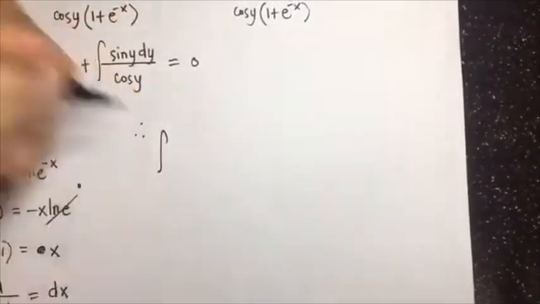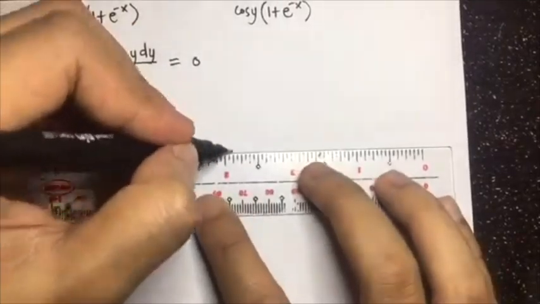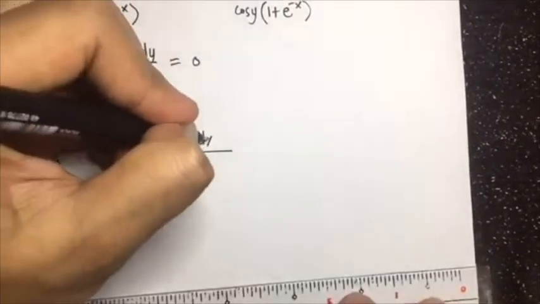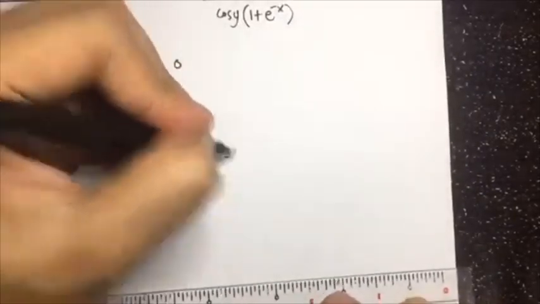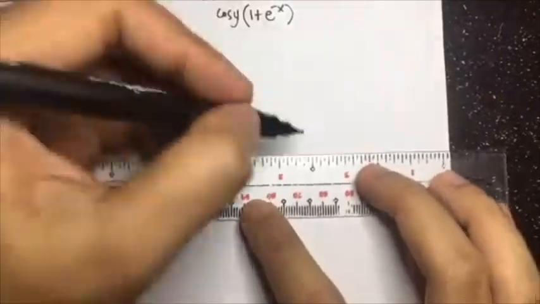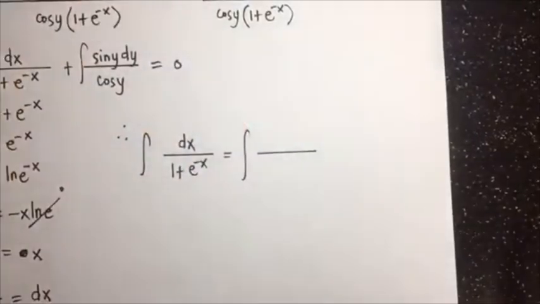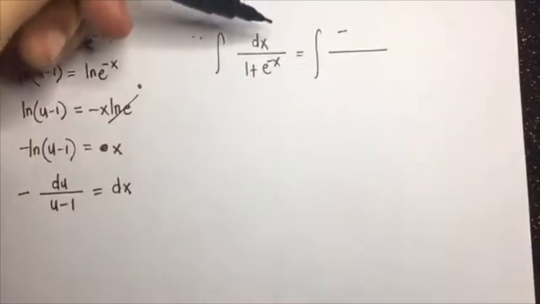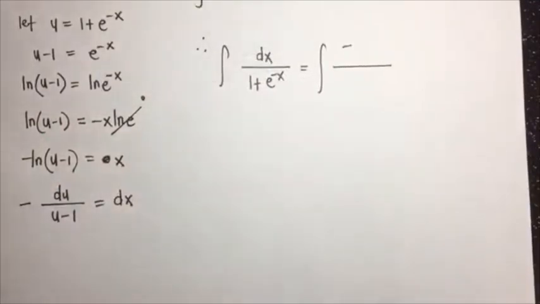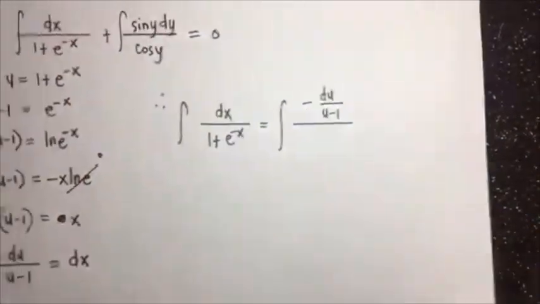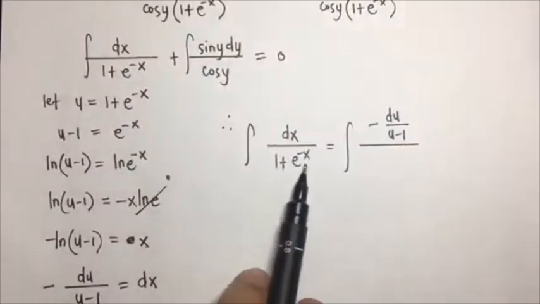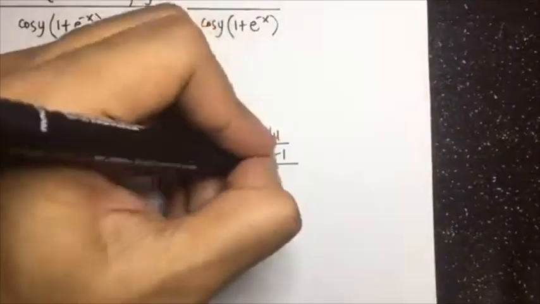So by substitution, we can write that here. Therefore, the integral of dx over 1 plus e to the negative x is equal to the integral of negative du over u minus 1, over 1 plus e to the negative x, which is u.